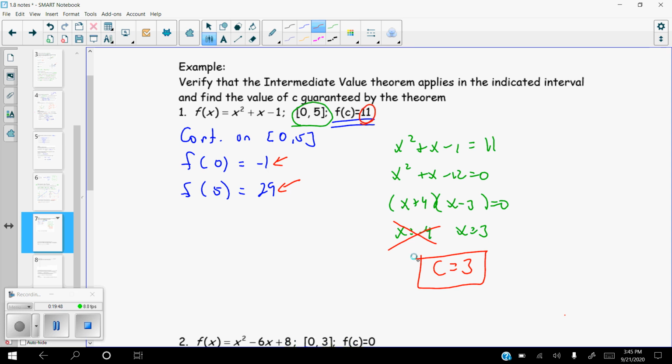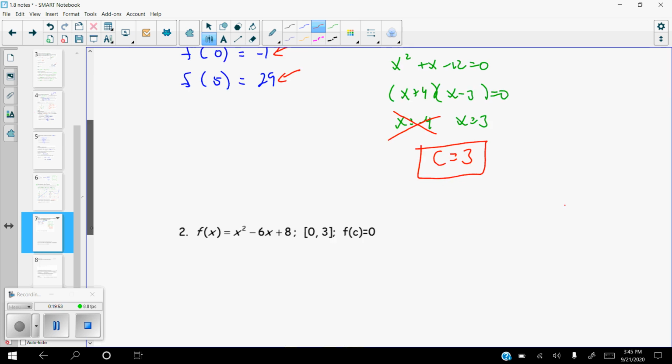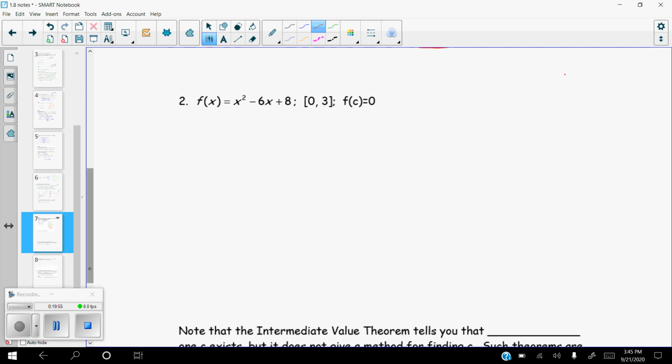Okay? Let's go ahead and do another one. f of x equals x squared minus 6x plus 8 from 0 to 3. So once again, this is pretty clear that it is continuous because it's a polynomial on a closed interval, 0 to 3. And we're going to double check the endpoints. So we'll do f of 0 and f of 3 and make sure those two things are not the same.